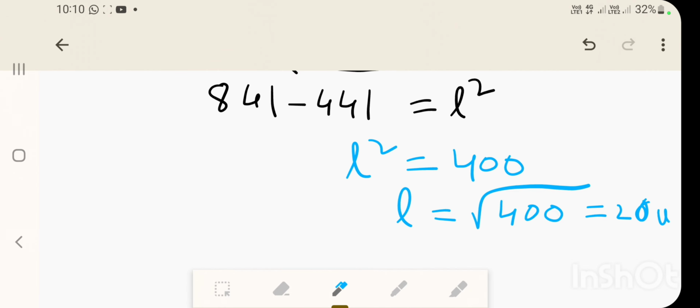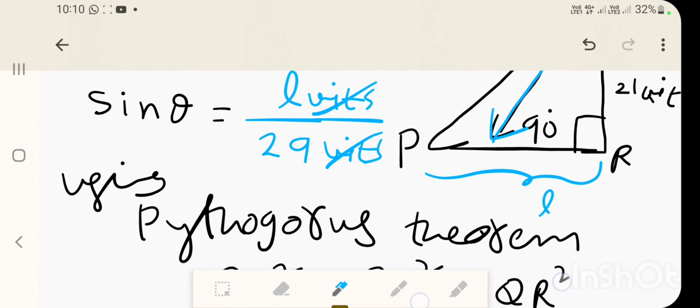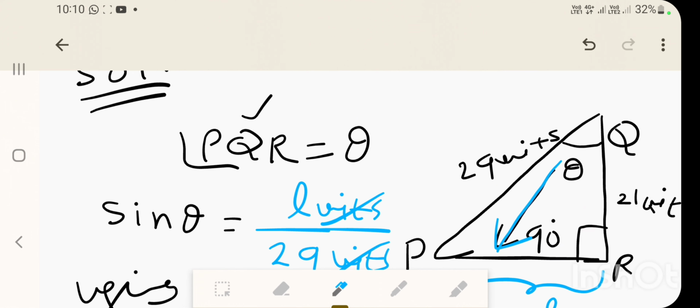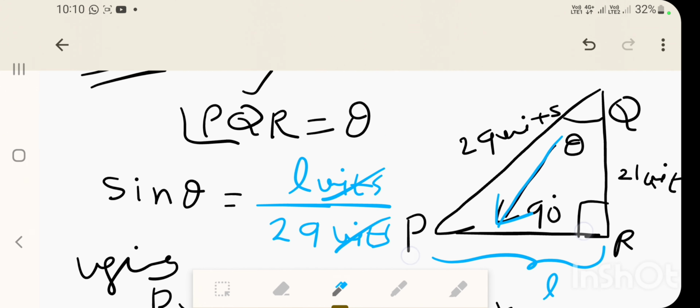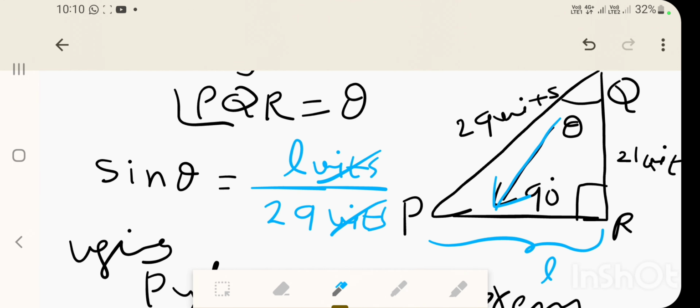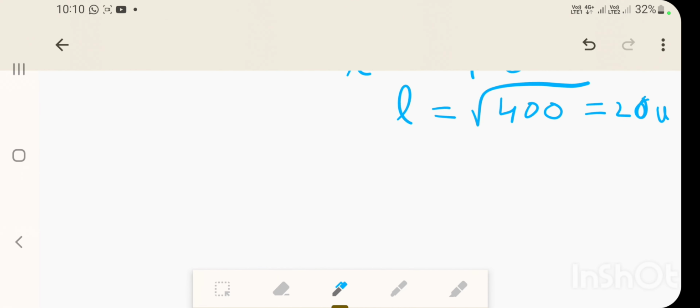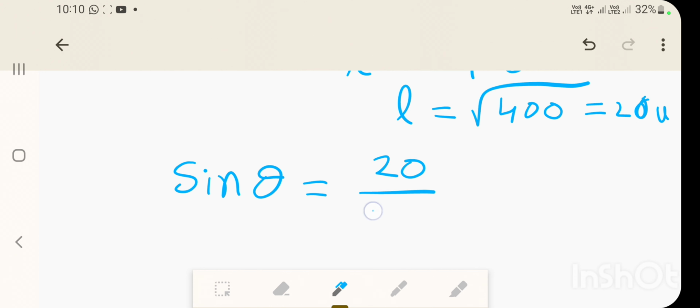So we got the length of the opposite side to the angle theta. Now we have to find sin theta and cos theta, and we already have the hypotenuse length, that is 29. Sin theta is the length of the opposite side, 20 units, divided by the hypotenuse, 29 units.